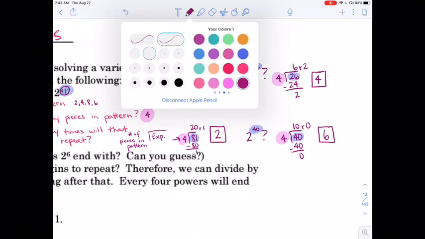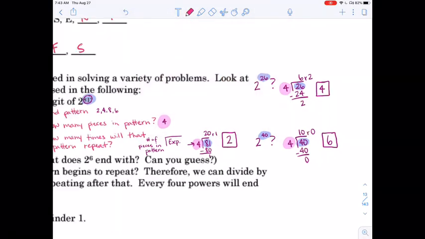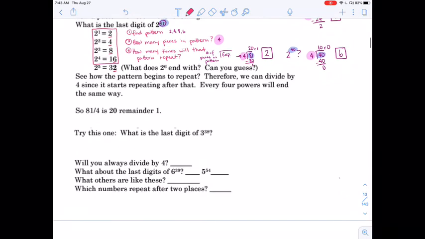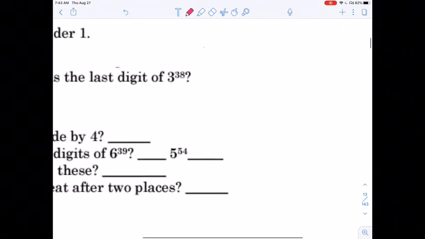So let's look at a different set of numbers. Let's look at 3s. So we're going to try this one. What's the last digit of 3 to the 38th? So the first thing we're going to have to do is find our pattern.